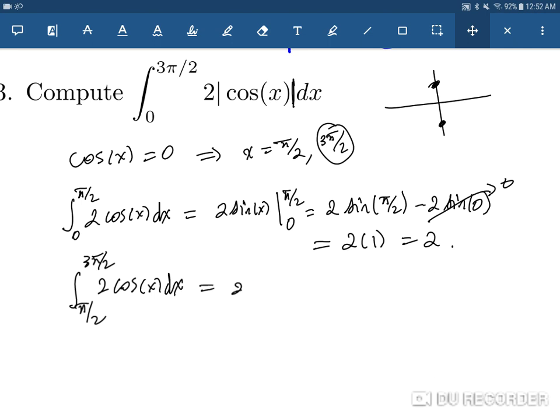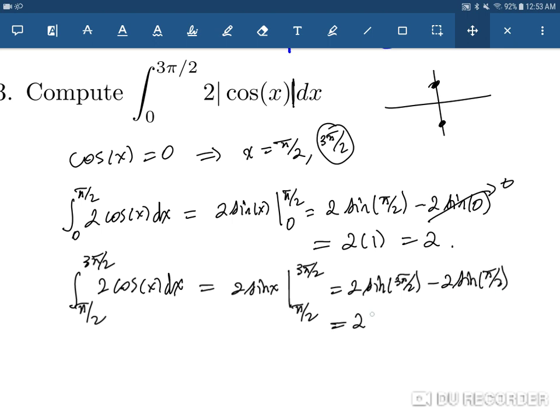This gives you 2 sine of x. Evaluate that from pi over 2 to 3 pi over 2. That gives you 2 times sine of 3 pi over 2 minus 2 times sine of pi over 2. If you remember your trig values, sine of 3 pi over 2 is minus 1, and sine of pi over 2 is 1.